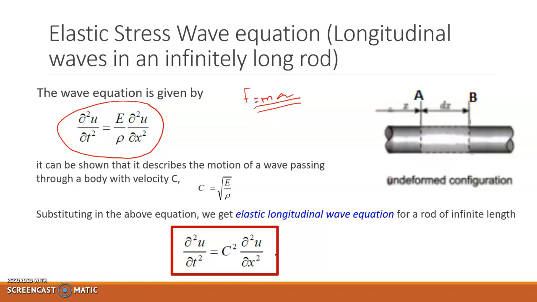Here, if we consider the velocity of the wave as capital C, it is a function of the modulus of elasticity of the material and the density rho. So c is equal to root of E by rho, and substituting in this equation, we can modify it. That equation is known as the elastic longitudinal wave equation: ∂²u/∂t² equals c squared times ∂²u/∂x².